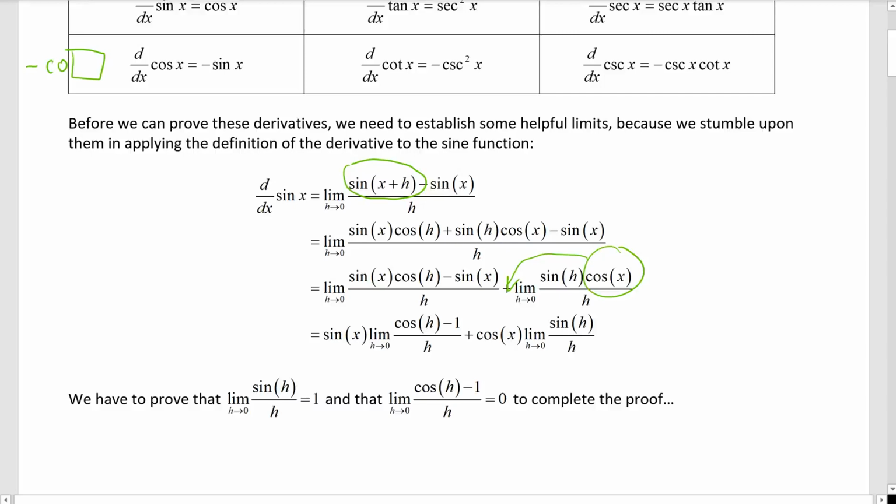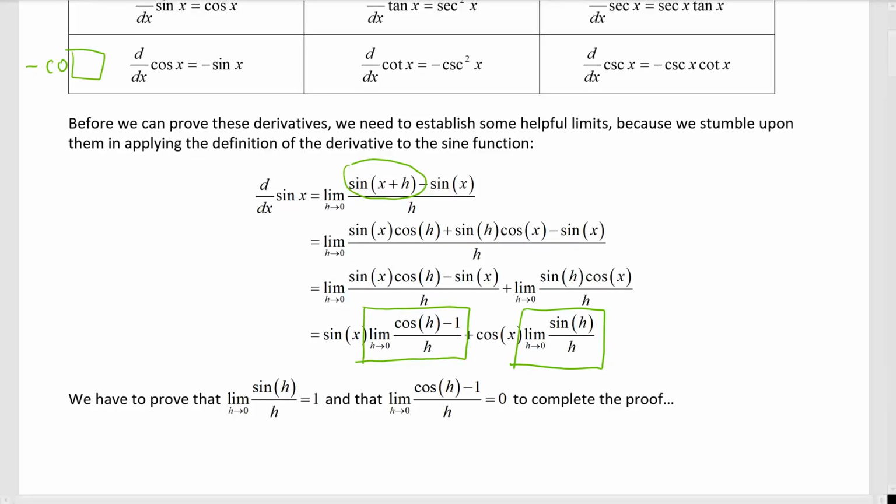So that's why we have cosine x and the limit of sine h over h. Right now, we want to figure out what this limit is and what this limit is. Later on, I can prove to you that the limit of sine h over h as h goes to 0 equals 1.